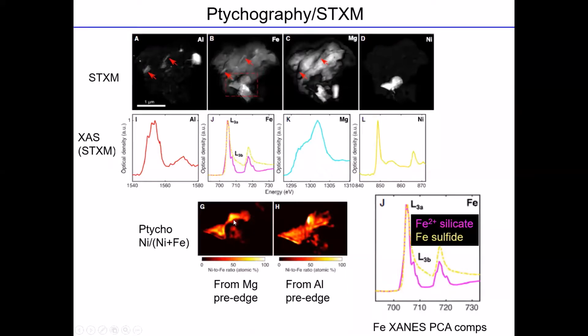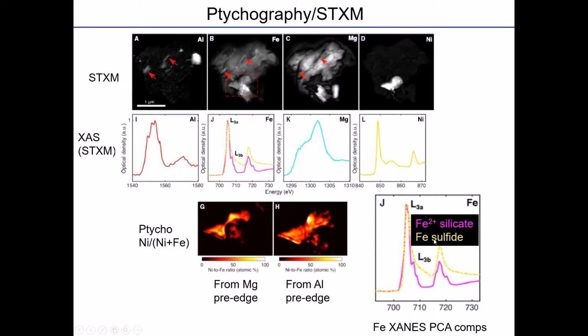And tychography gives you the real part as well as the imaginary part of the refractive index. So it's the F prime as well as the F double prime. And that gives you more numbers to play with and therefore get some more information. And so they can back out with a lot of fancy math what the nickel ratio is.